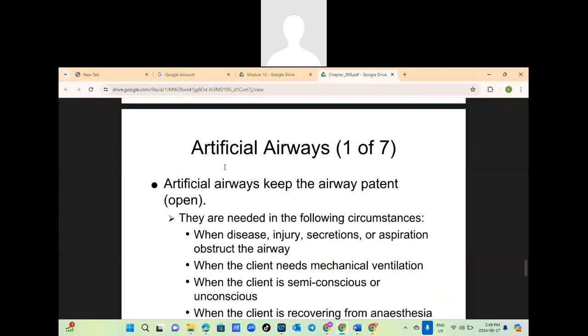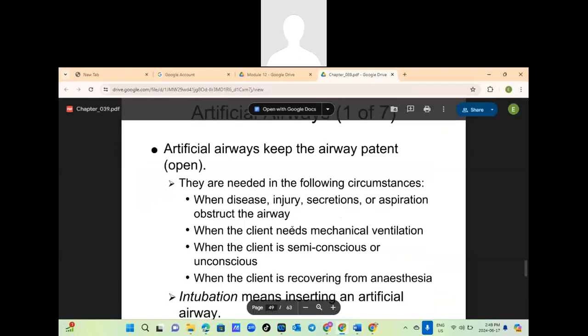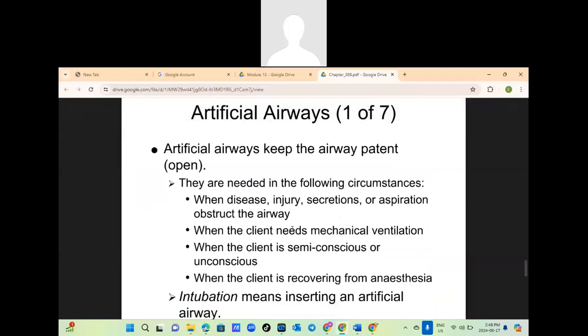They are needed in the following circumstances. We need artificial airways when disease, injury, secretions, or aspiration obstruct the airways, when the client needs mechanical ventilation, when the client is semi-conscious or unconscious, in order for the airway to be patent or open, and when the client is recovering from anesthesia.